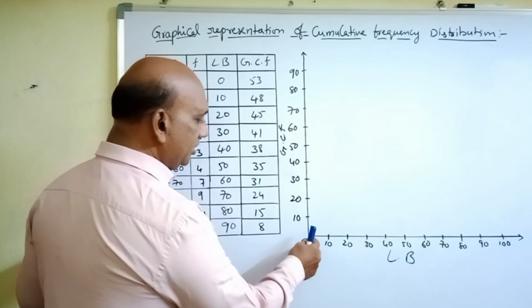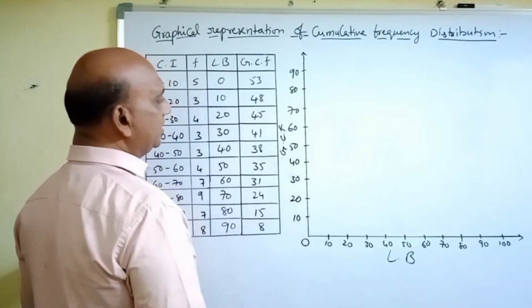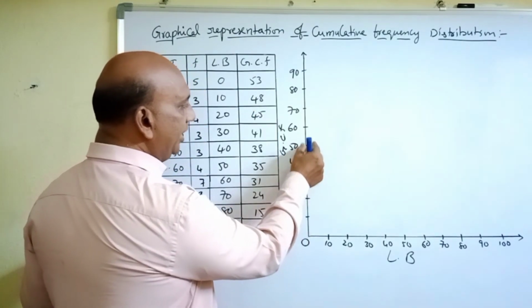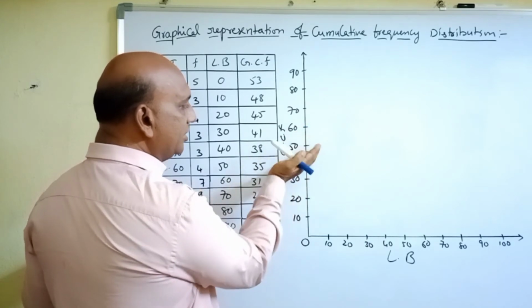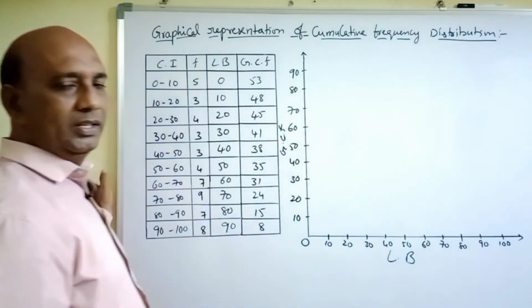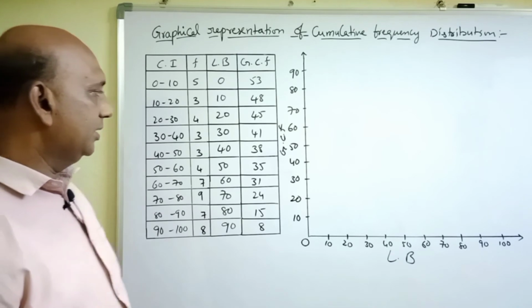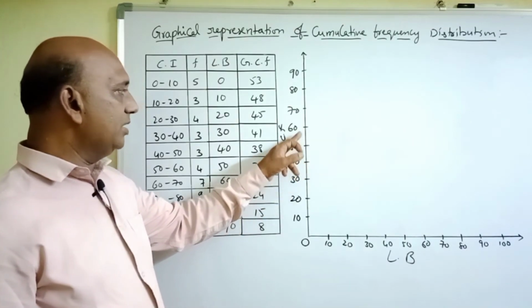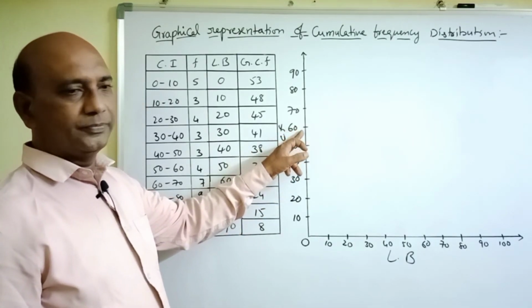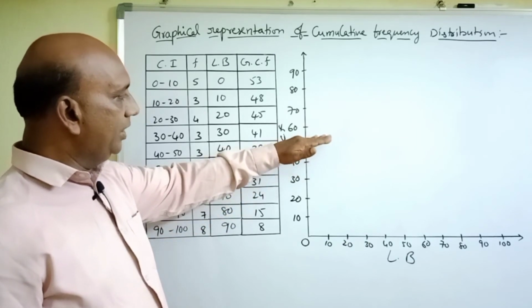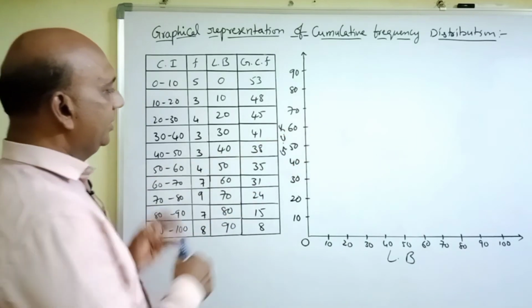On the y-axis, 53 is between 50 and 60, just above the 50 line, after 3 lines. Between 50 and 60 there will be 10 lines in your graph sheet. So just above 50, after 3 lines, you take 53.